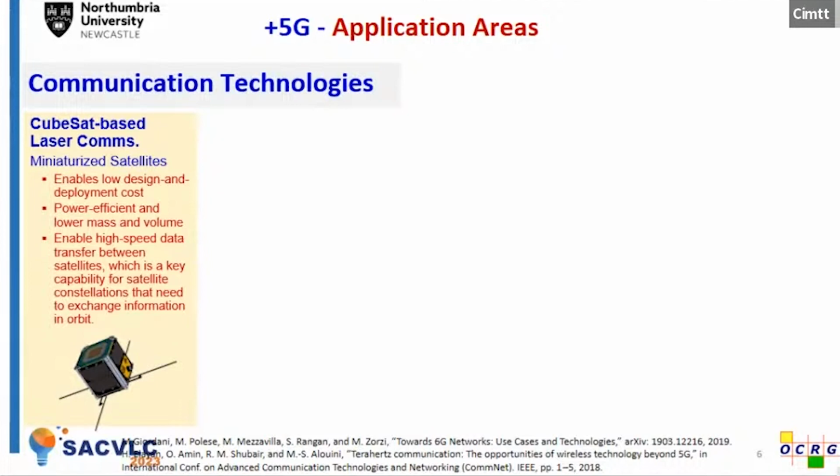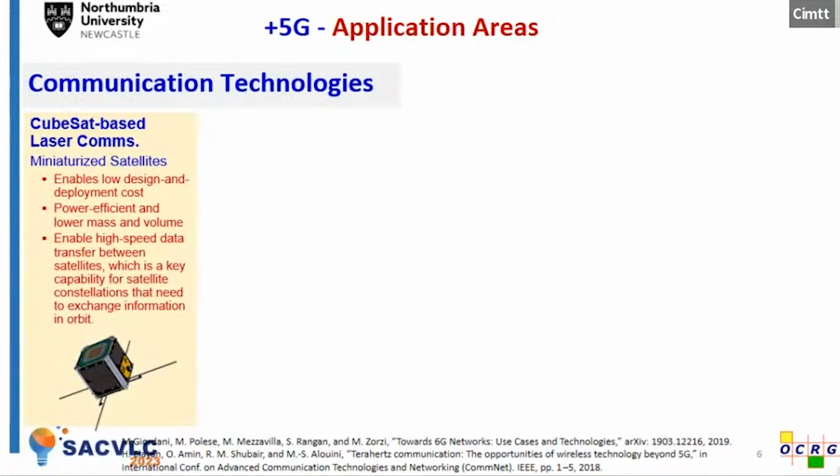A CubeSat is a concept of having a small satellite to provide coverage for a large area from space. These are miniaturized satellites, a small size of satellite, providing low power, low mass, and speed.